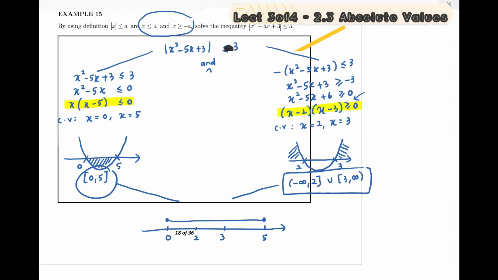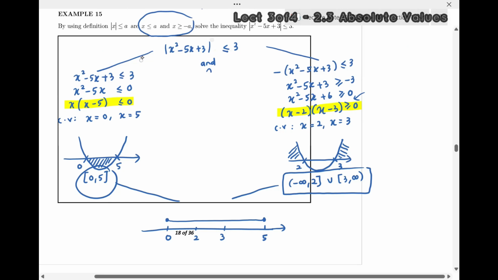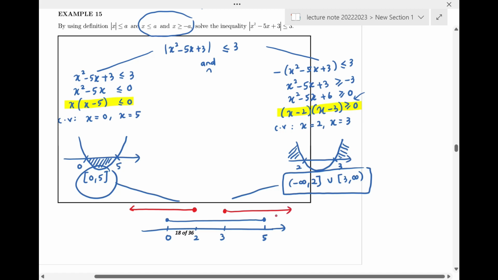I'll be using different colors so that you can see. From negative infinity up till 2, with a circle. And then in the same straight line, from 3 up till infinity.